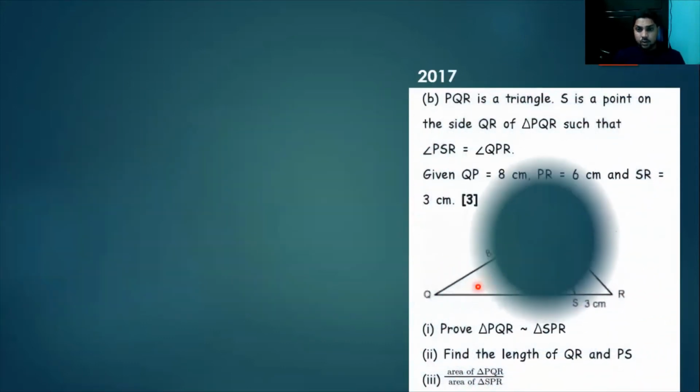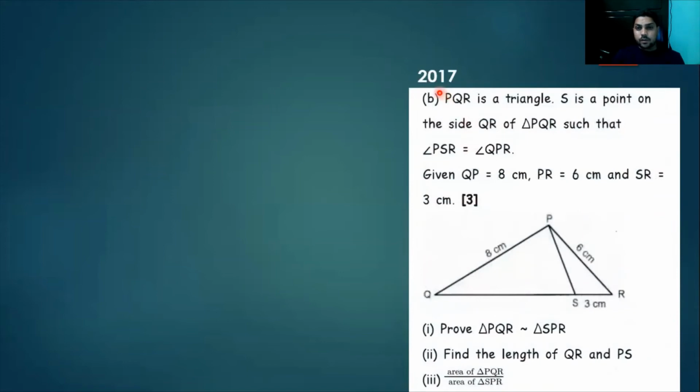Then a question from year 2017. We have triangle PQR and S is a point on the side QR in such a way that angle PSR is equal to angle QPR.